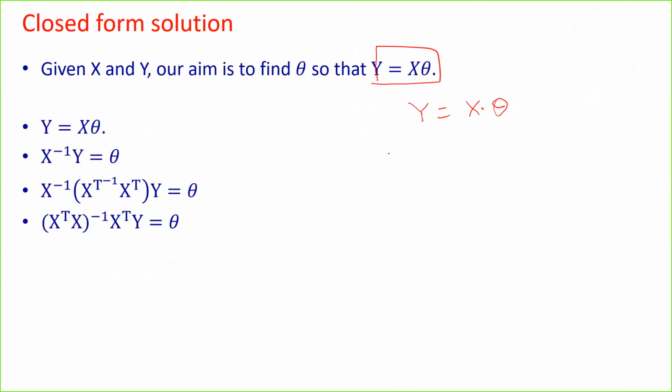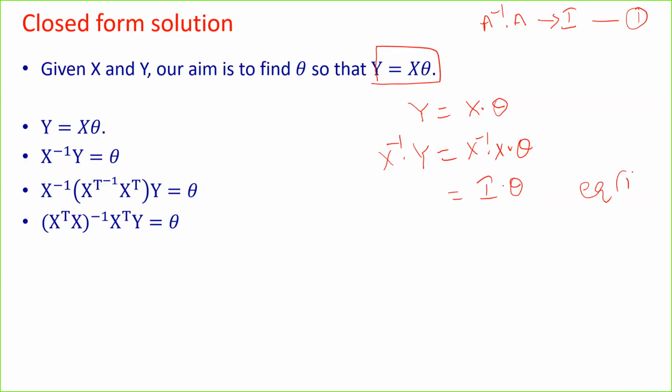Can I multiply it with x inverse on both sides? X inverse y is equivalent to x inverse times x times theta. I can do that, right? So tell me, A inverse times A, what is this? Identity matrix. Right. So x inverse x is the identity matrix, using equation 1.